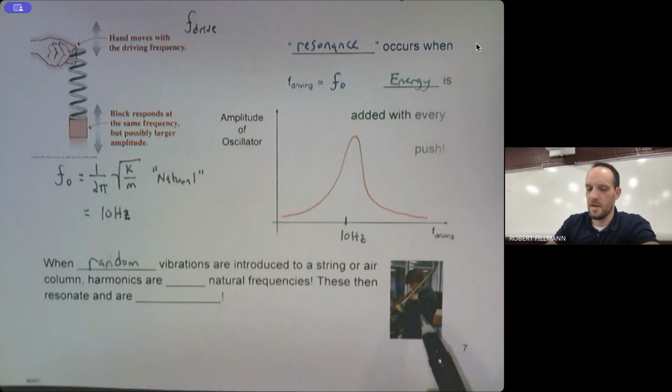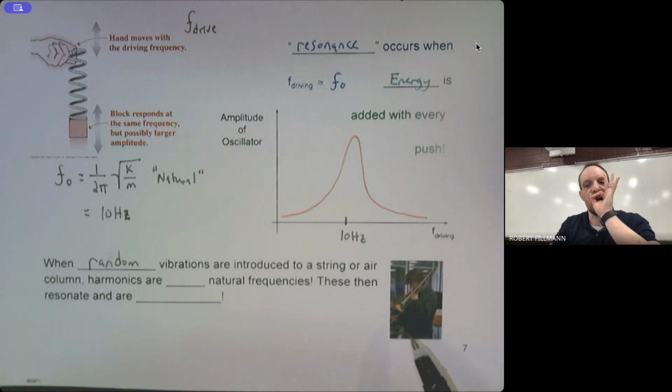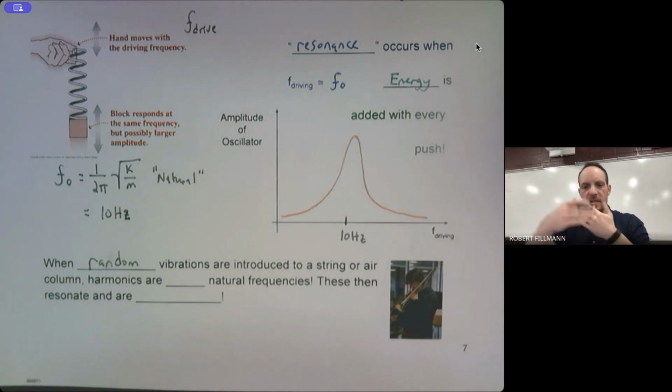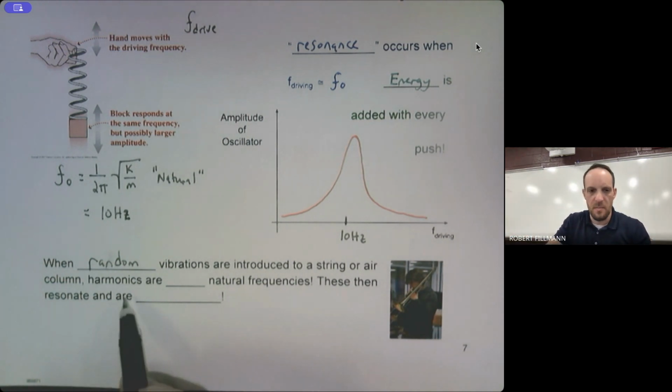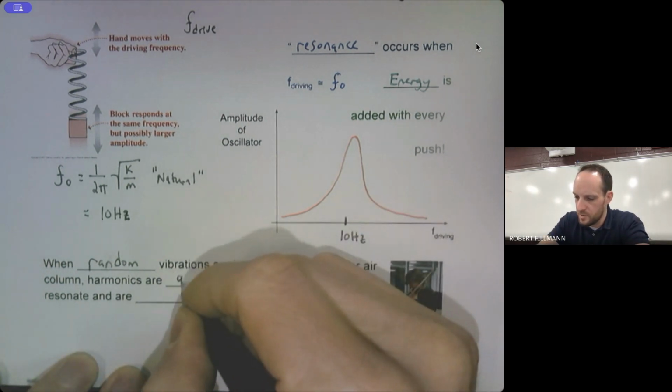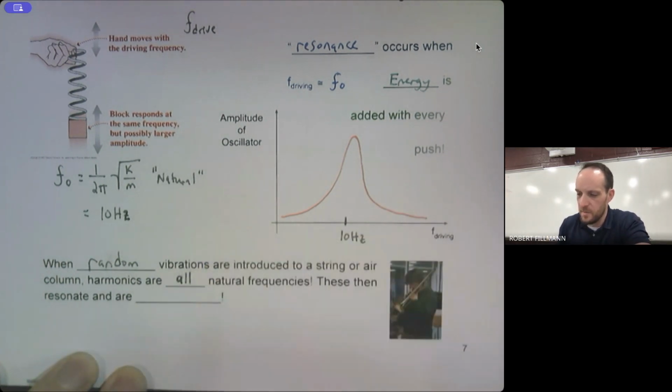Here we've got a trombonist, and as he blows into the mouthpiece, his lips are making a bunch of random vibrations. He's got this column of air in the trombone, and there are certain frequencies, not just one, but a whole bunch of them called harmonics. And the harmonics are all natural frequencies. All of them are frequencies at which that air would like to oscillate.